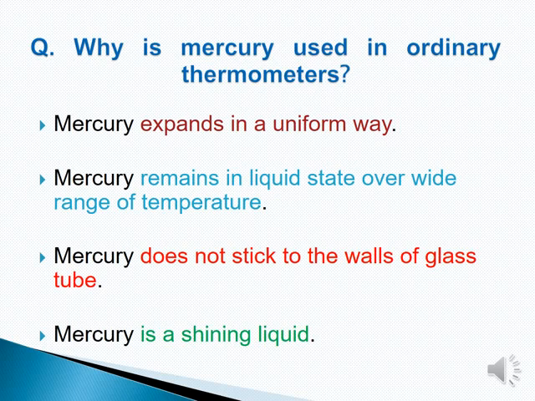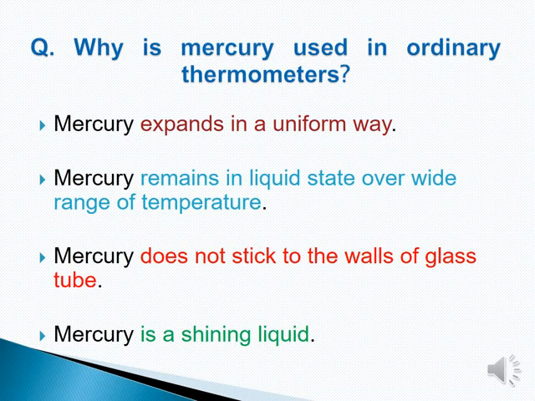So, students, we just read that mercury expands on heating and it expands in a uniform way. And then it remains in its liquid state on getting heated, it does not change its state, and it does not stick to the walls of glass tube, and it is a shining liquid due to which we can take the reading easily.